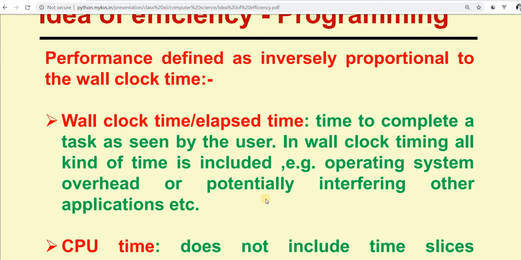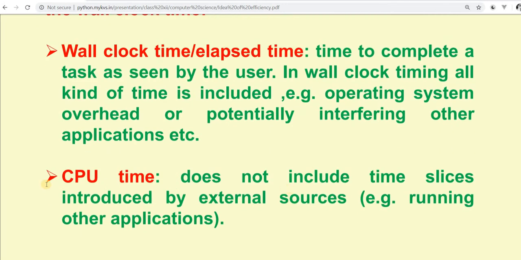All these things are not really very important for your examination. CPU time doesn't include time slices introduced by external sources. Now there are two times: the time we see on the wall clock when the program is executed, suppose in 5 seconds, but CPU time is very different from the wall clock time.